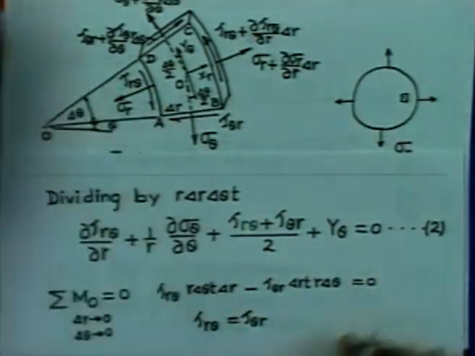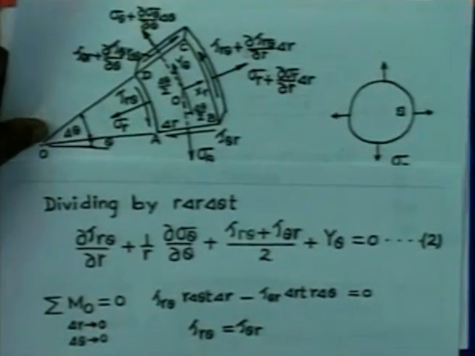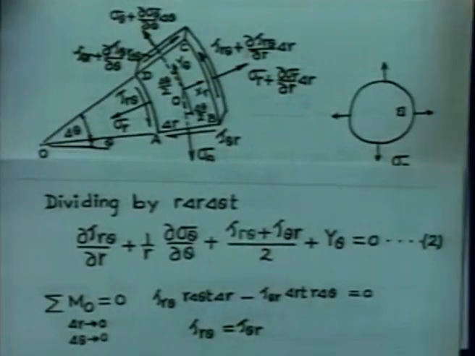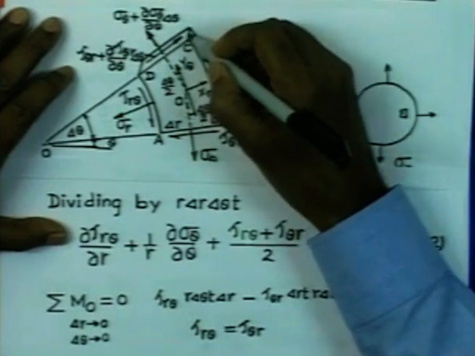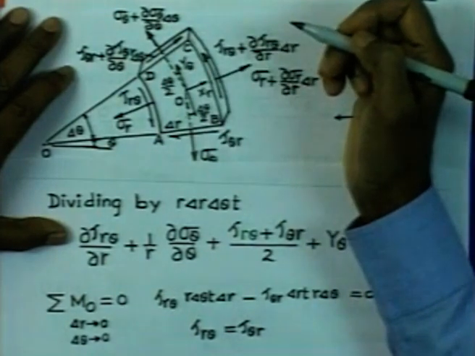So, what you find finally is that the moment equilibrium equation gives us the condition that the shear stresses acting on the two orthogonal faces are going to be equal. Therefore, the shear stress acting on this face and on this face are going to be equal.